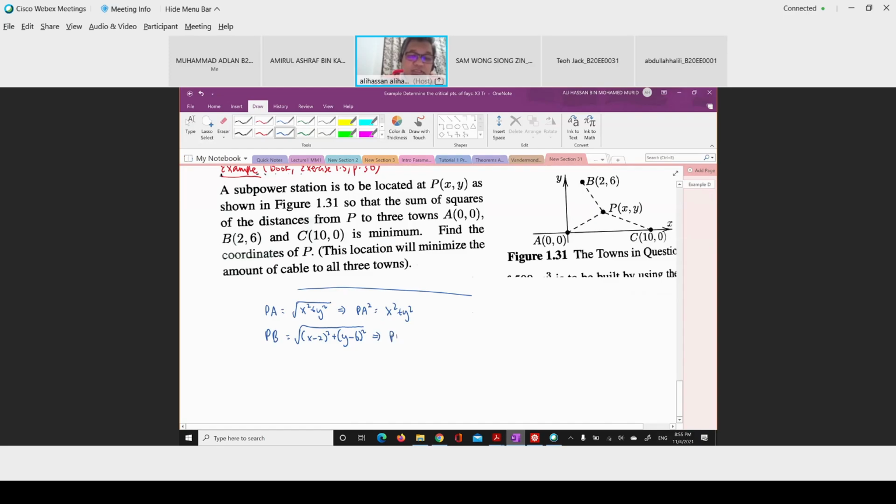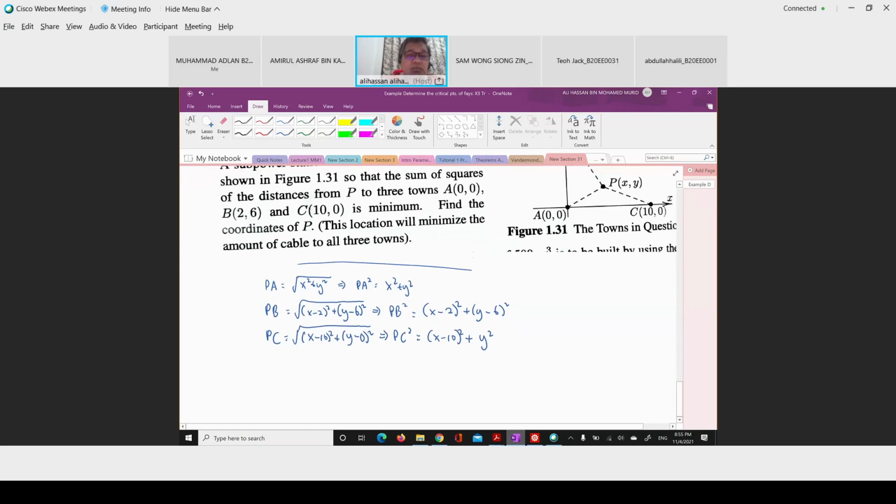So the square of the distance PB is (x minus 2) squared plus (y minus 6) squared. And the distance between P and C is the square root of (x minus 10) squared plus (y minus 0) squared. And the square of the distance PC is (x minus 10) squared plus y squared.